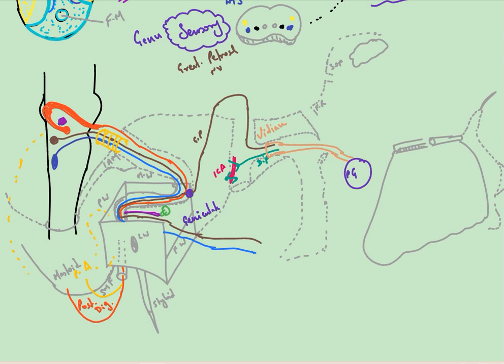So this other motor branch is going to supply the digastric muscle, the posterior belly of the digastric, and also the stylohyoid muscle. And finally it is going to jump into the parotid gland.